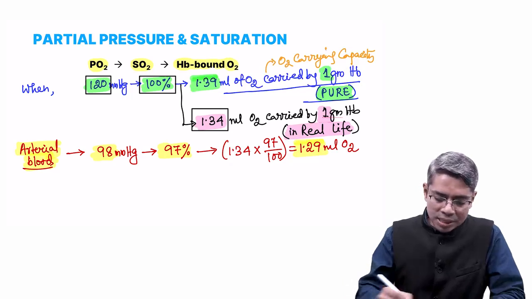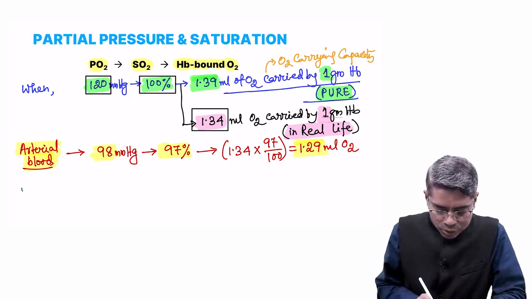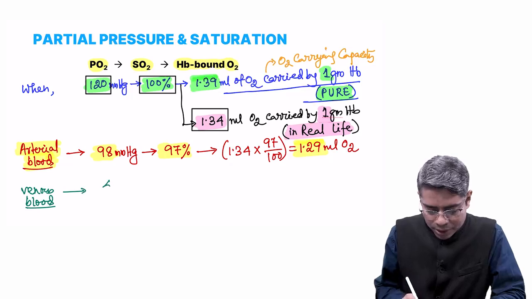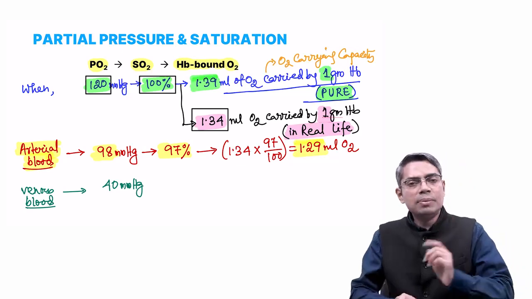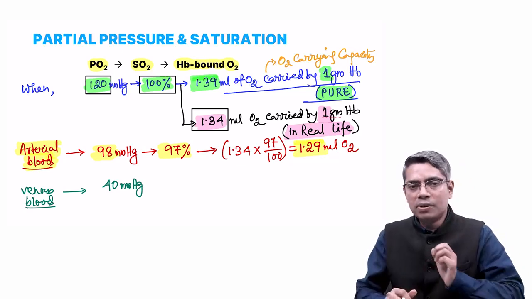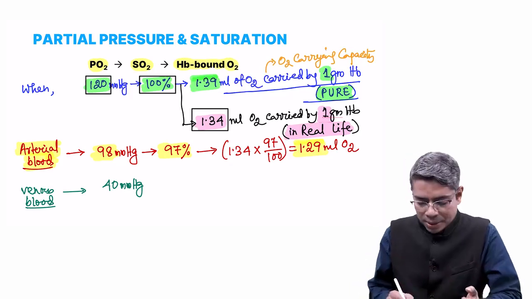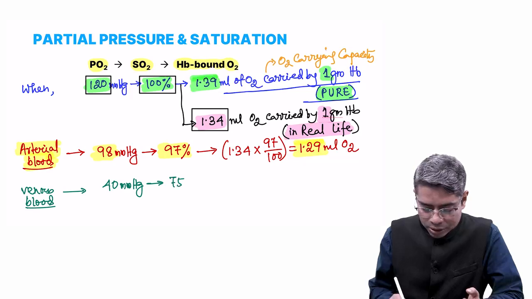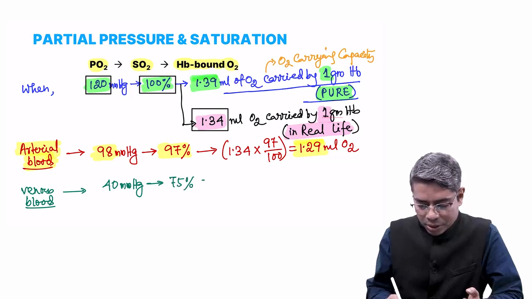But if you think of the venous blood, so let's write here. In case of venous blood, what is the partial pressure of oxygen? The same thing we are discussing again and again, 40 millimeter of mercury. Now, if the partial pressure of oxygen is 40 millimeter of mercury, in venous blood obviously, what will be the saturation? Obviously, the saturation will be lower, and that saturation percentage is 75%. When the saturation is 75%, how much oxygen will be carried by 1 gram of hemoglobin?